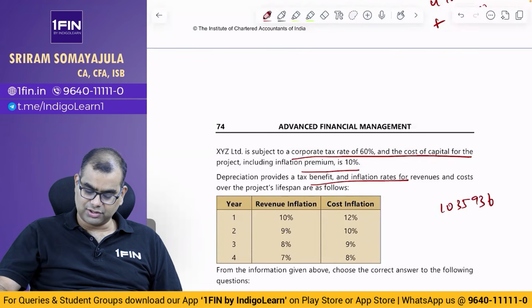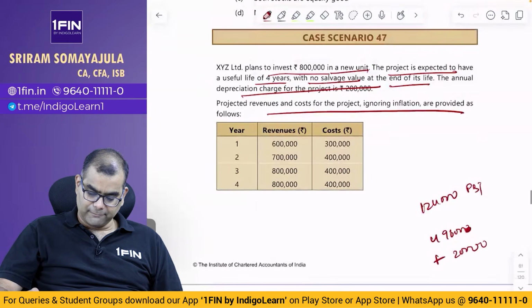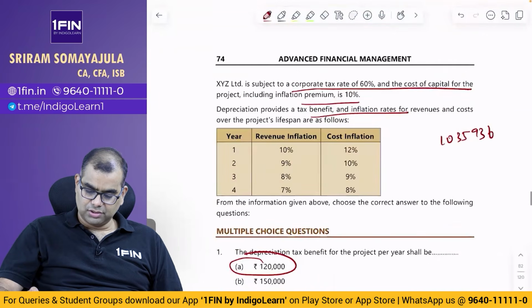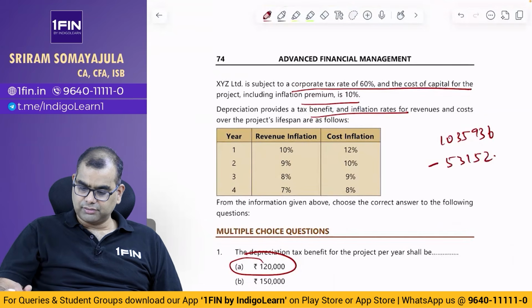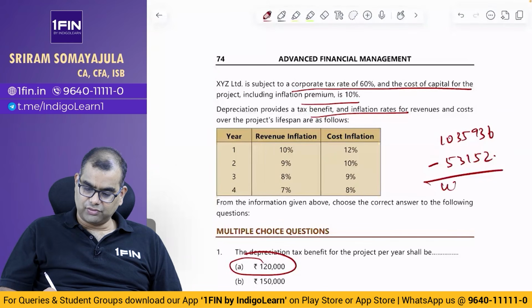This is the revenue. What is the cost? 4 lakhs into 1.12 into 1.1 into 1.09. You get minus 537,152. So you get a difference of 498,784.